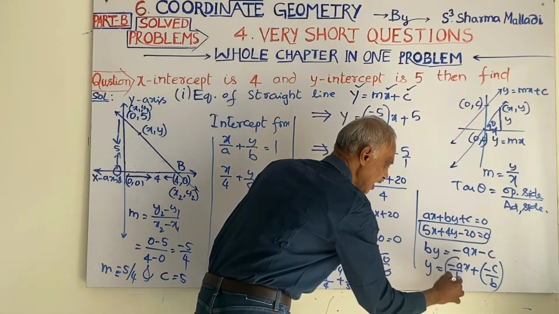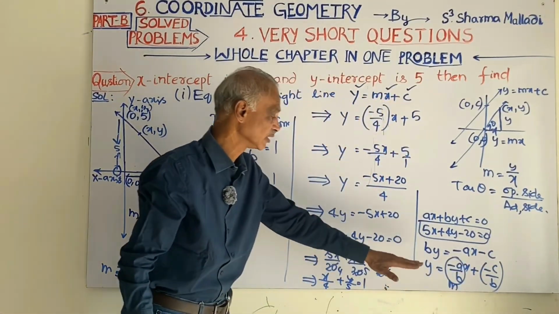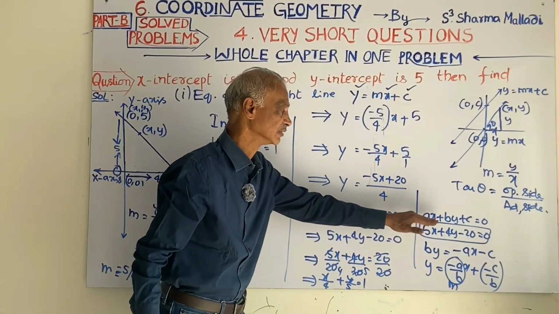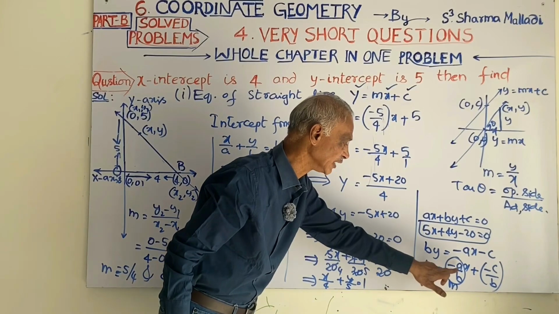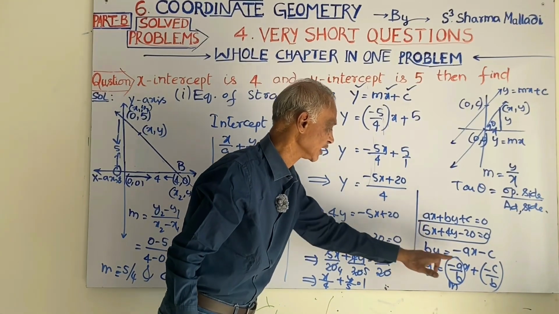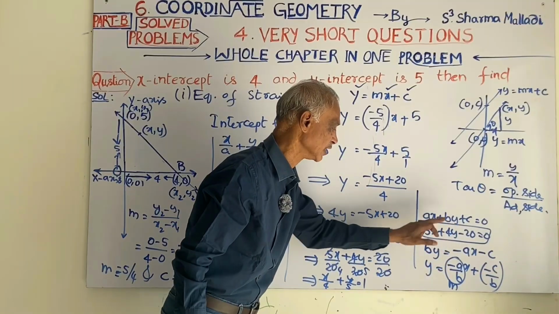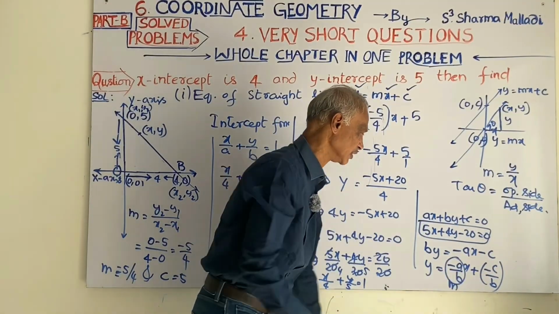See, y is equal to mx plus c. Here, for ax plus by plus c is equal to 0, slope is minus a by b, where x coefficient is a and y coefficient is b. Then the y-intercept can be written as minus c by b.